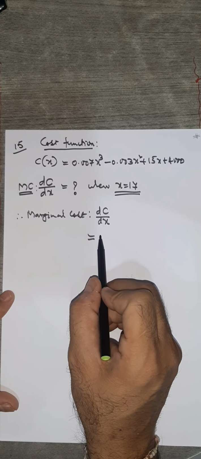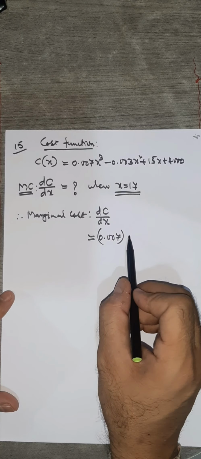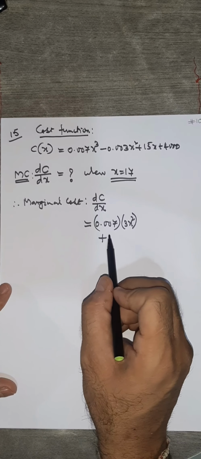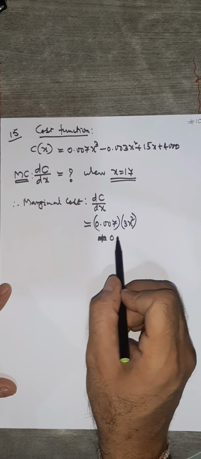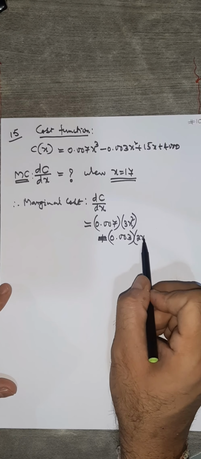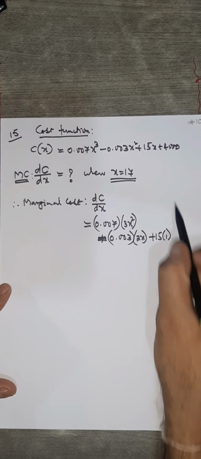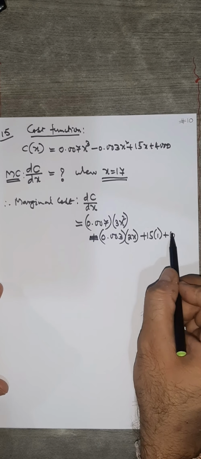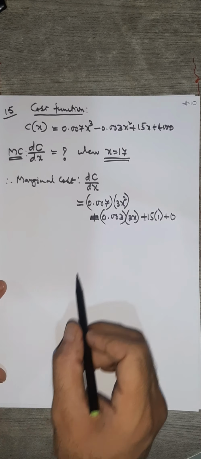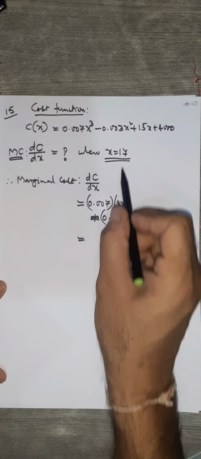So we have here 0.007 into derivative of this with respect to x, which is 3x square, plus here we have minus 0.003 into derivative of x square, which is 2x, plus 15. Here you know it is 1, and 4000 being constant, it is just 0. Okay, now we are asked at 17, so you just need to put x equals to 17.